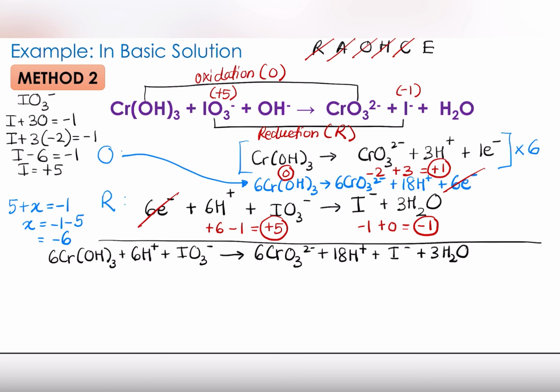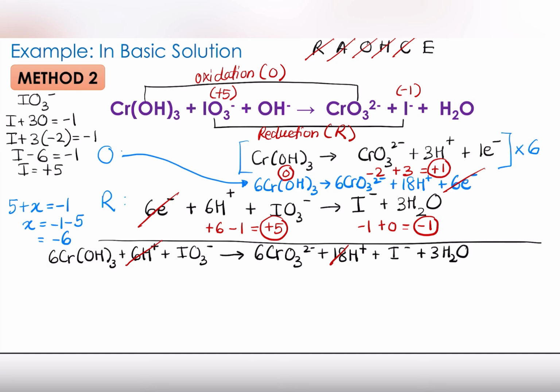Tapi adakah awak nampak ada spesies yang sama? Ya, saya nampak masih lagi ada spesies yang sama di mana saya ada 6H plus on my left and 18H plus on my right. So what I'm going to do here adalah di mana saya akan minus. So 18 tolak dengan 6, saya akan dapat bilangan dia 12. So 12 itu di mana here dah tak ada lah.